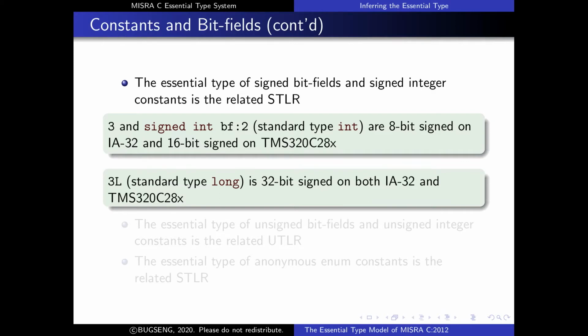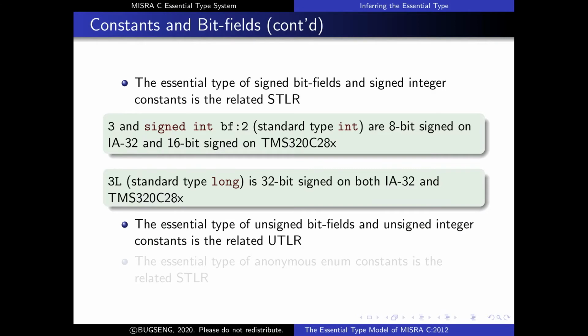And as I said, the essential type can only be different from the standard type if the standard type is int or unsigned. So since 3L has standard type long, this is 32-bit signed on both Intel architecture 32 and on the C2000. Okay, notice this subtlety.